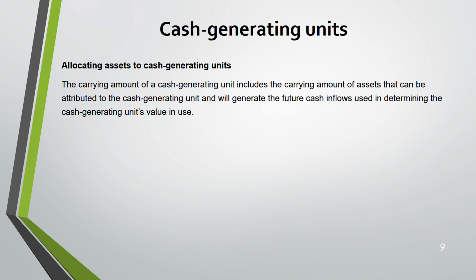Not all assets can be taken in cash generating units because not all assets generate cash inflows independently. Only those assets which generate cash flow independently, you can allocate to cash generating units. So how do you determine the carrying amount of the CGU, cash generating unit?